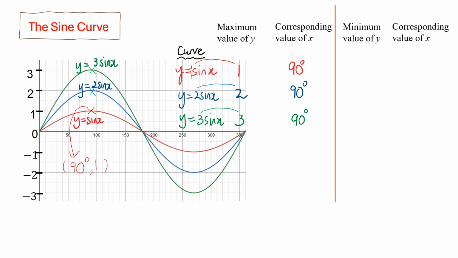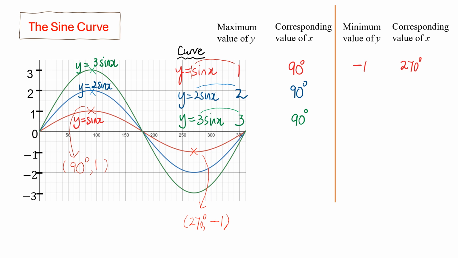Alright, so let's go on to find the minimum value of y. Let's look at y equals sine x first. You will see that the minimum value is this point here. The minimum value of y is -1, and it happens when your angle x is 270 degrees. Let's proceed with the blue one.